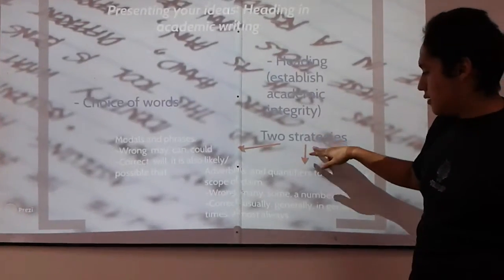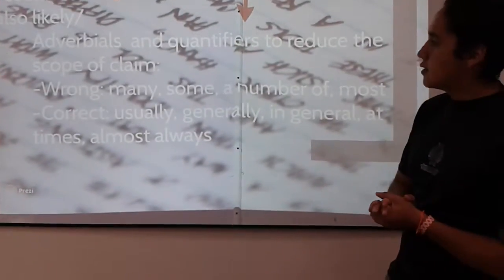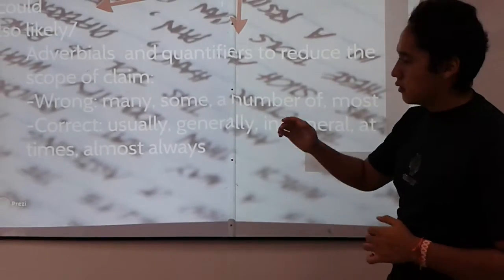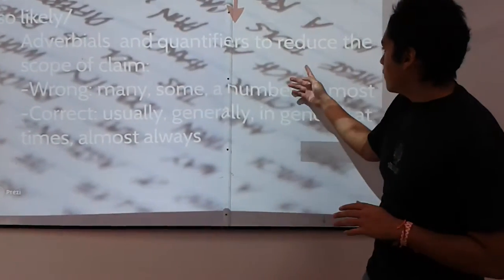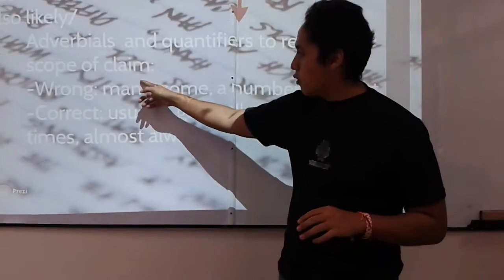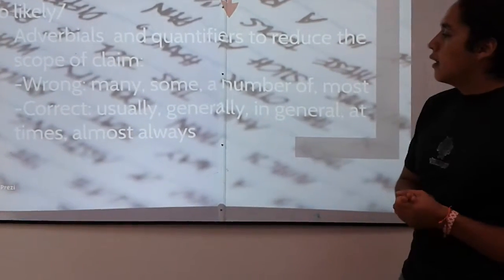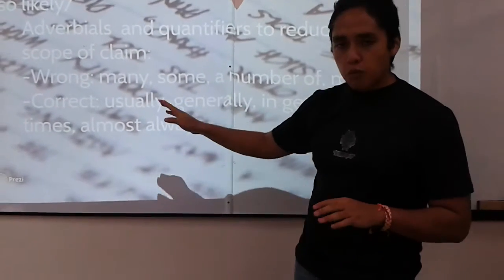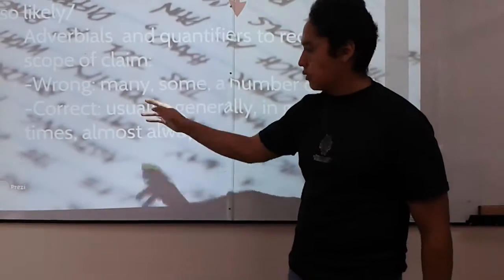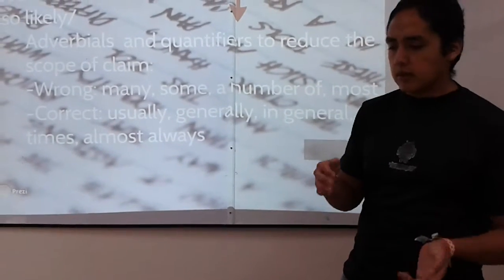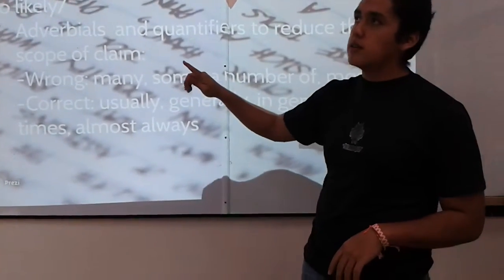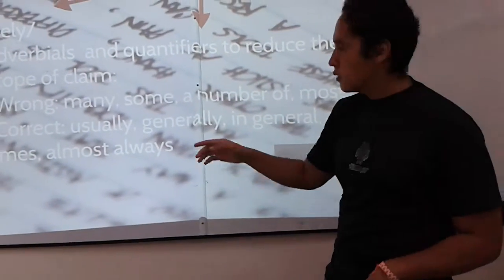We have two strategies. The first is using adverbials and quantifiers to reduce the scope of the claim. We have some words that are wrong because these words show doubt.